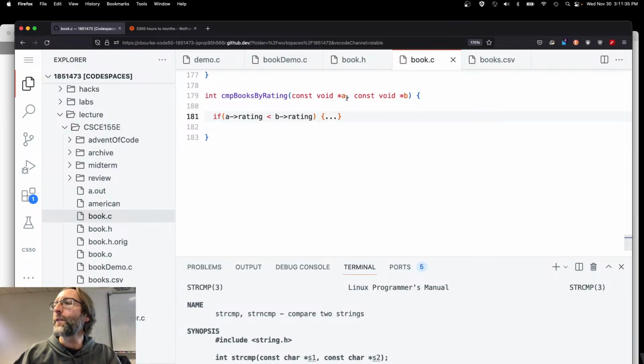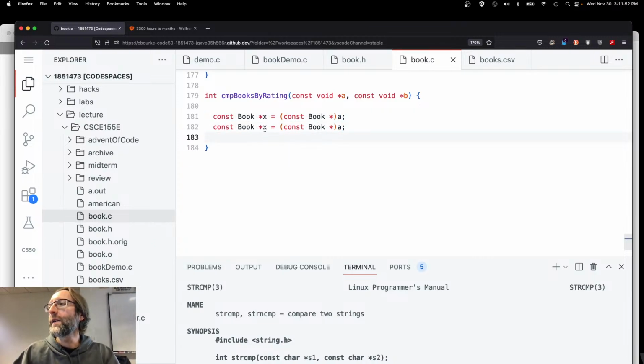Do I have enough information about what A and B are in order to do this? Not yet. The first thing I do is what? Typecast. const book star X is equal to const book star A, and const book star Y is a typecast of B. Right? Now I do have enough information about them.